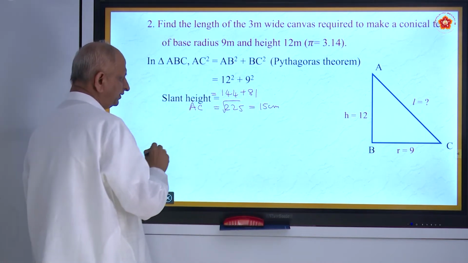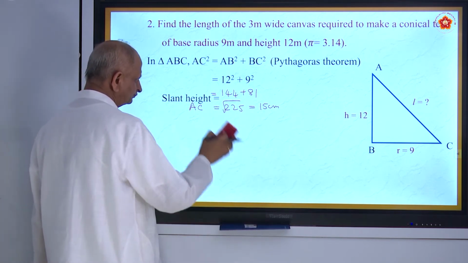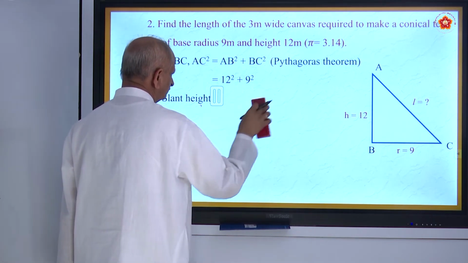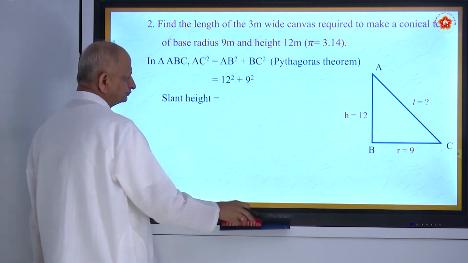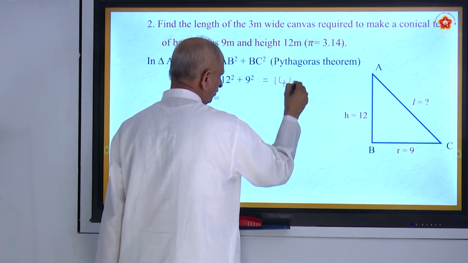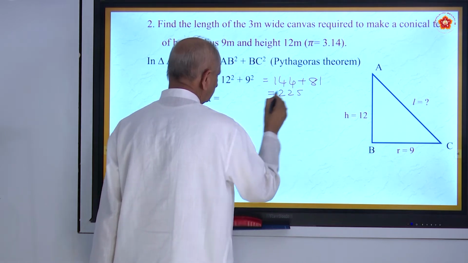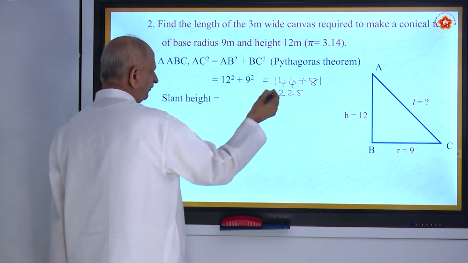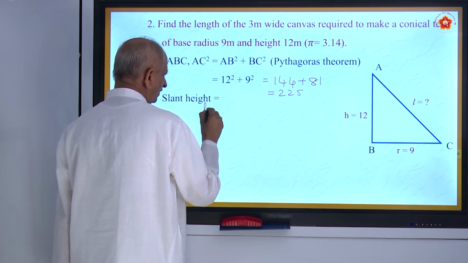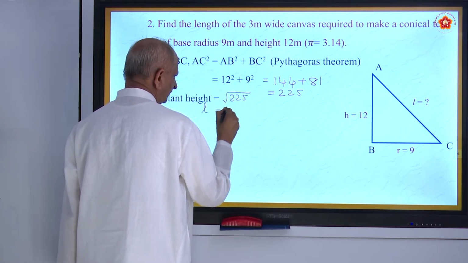Now slant height becomes root of 225. So that is what you call as L, root of 225, that is 15.